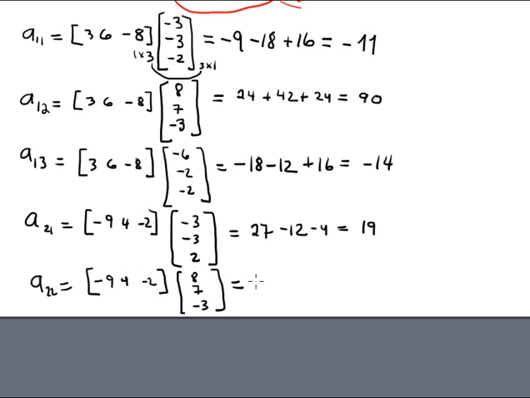Multiplication: negative 9 times 8 is negative 72. 4 times 7 is 28. And negative 2 times negative 3 is plus 6. When you combine, the answer is negative 38.